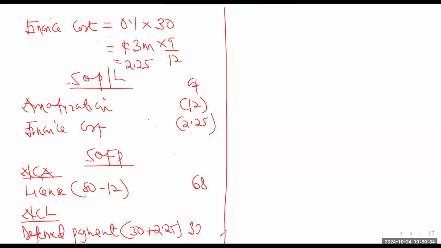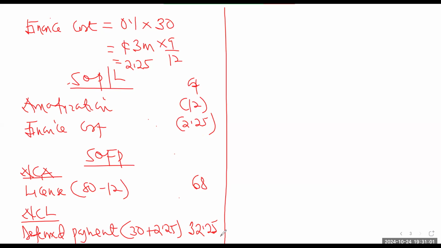So 32.25. So if we come to license, renewal of license, the renewal cost plays a major role in the determination of the useful life of the intangible asset. If the cost is insignificant, the possibility of renewal is very high. So we now use the renewal to determine the useful life.